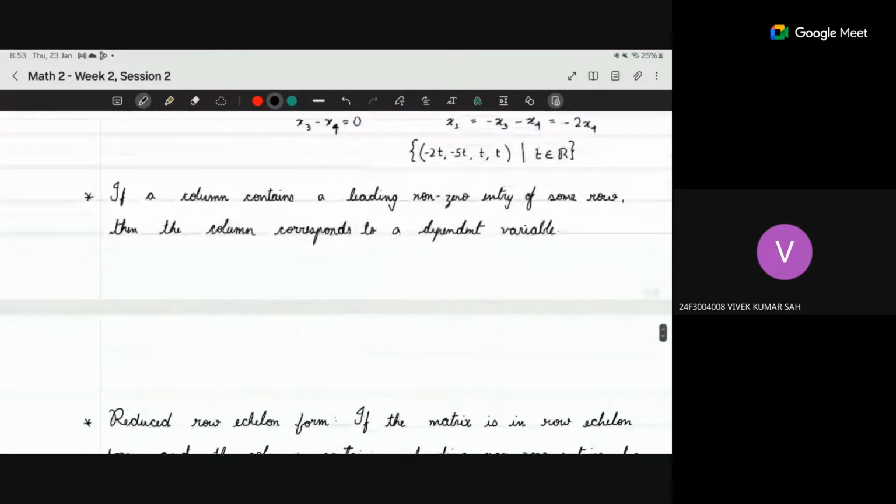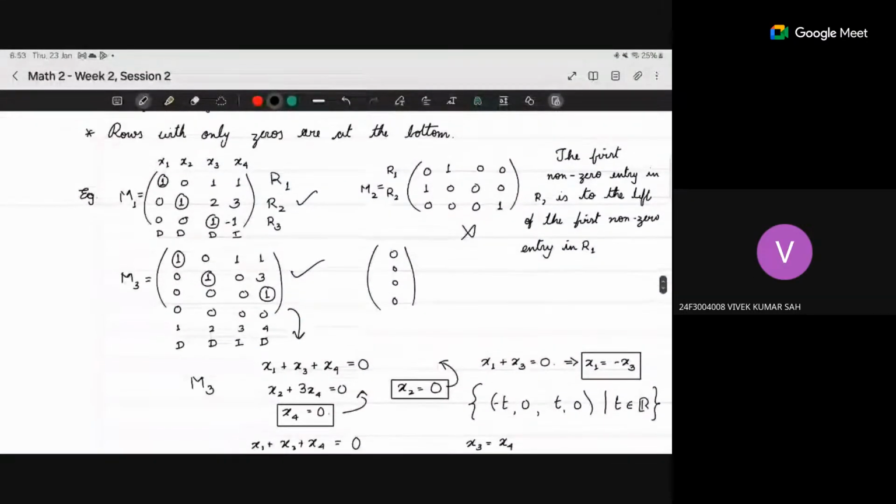In comparison, if you look at M1 and M3, we know that they are in REF, but are they in RREF? No, sir. Either of them? Which one is? Sir, M2 is in RREF, right?